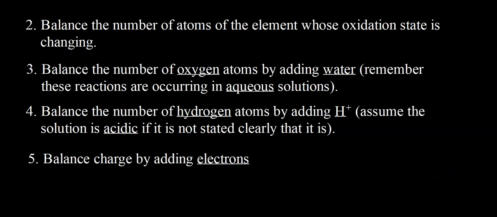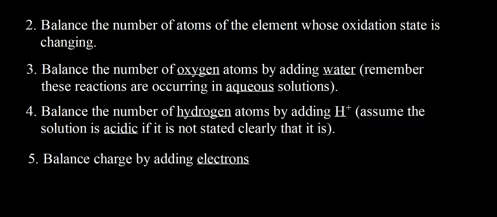Next, we're going to balance mass. So step number 2, balance mass. Balance the number of atoms of the element whose oxidation state is changing. Continuing with balancing mass, number 3, here's where it gets a little bit tricky. Balance the number of oxygen atoms, not by adding O, not O2, not O minus 2, but by adding water.